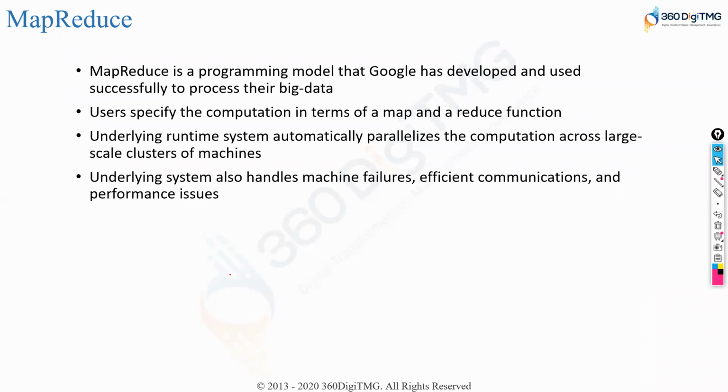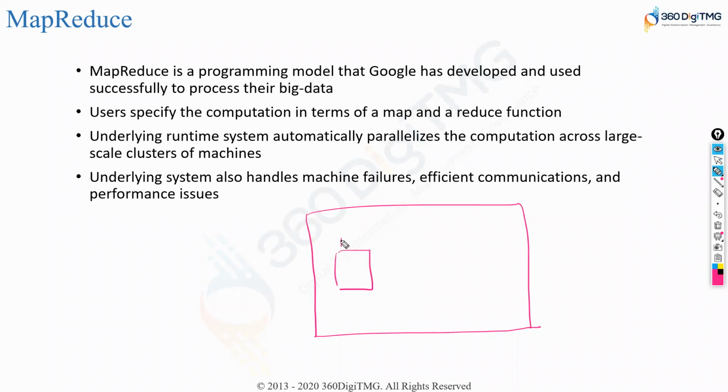All right, so let's now look into the MapReduce component. Just to give you a picture, we'll talk about name node. Then we'll have data nodes. So we will have name node, and these are the bunch of data nodes, right?